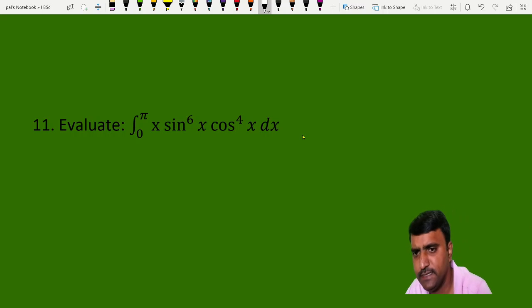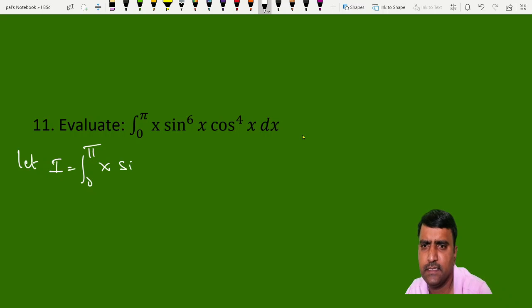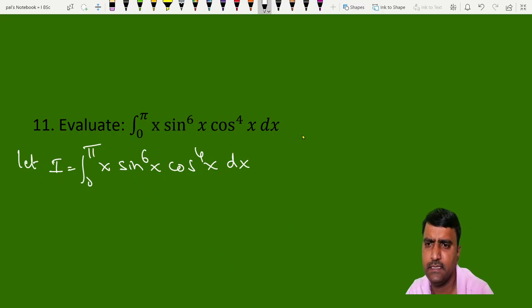Let I is equal to integration from 0 to pi of x into sine to the power 6x into cos to the power 4x dx.